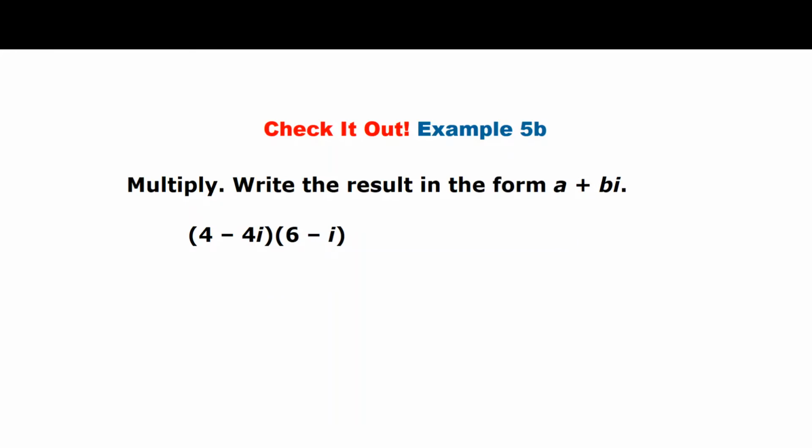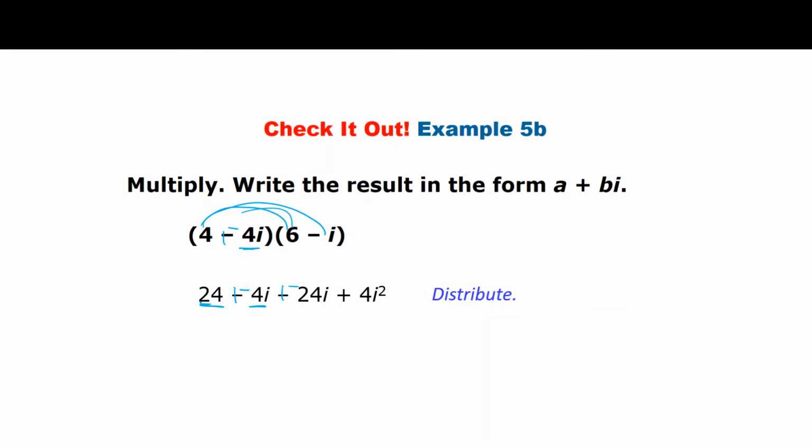Another one for you to do, FOIL it out. All right, let's do this one together. The first thing we're going to do is distribute. And here we go. 4 times 6 is 24. 4 times a -i is -4i, or plus a -4i. And then -4i times a 6 is a -24i.